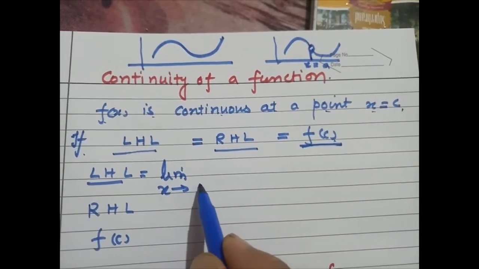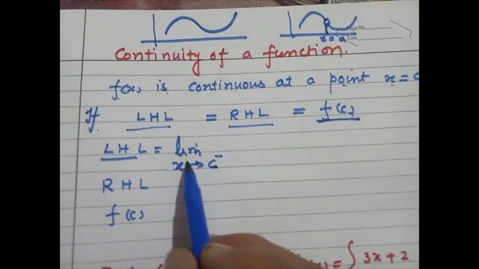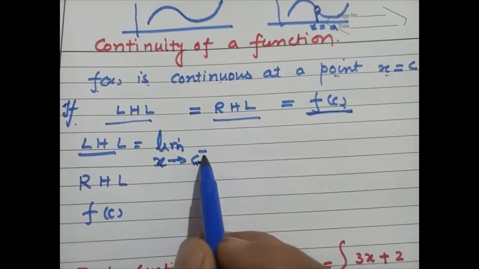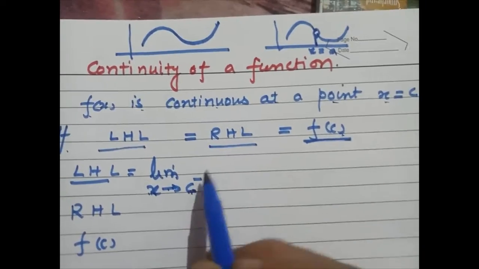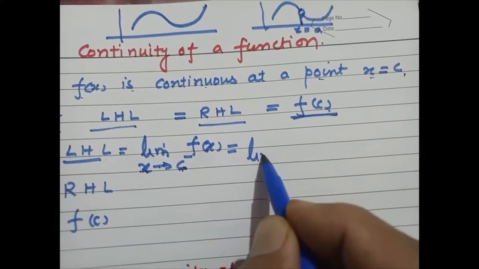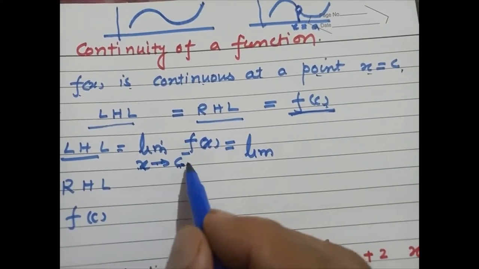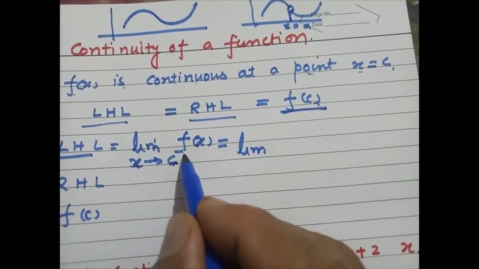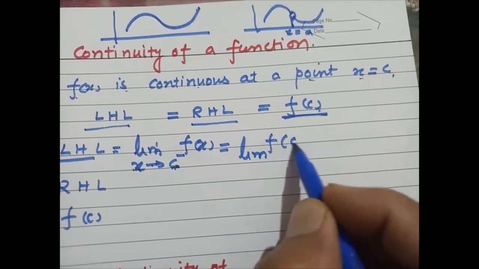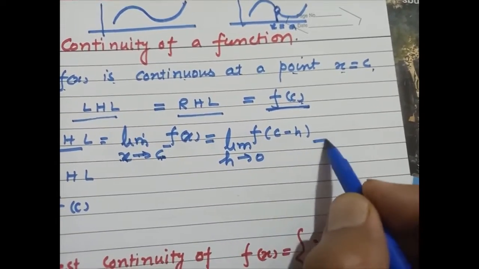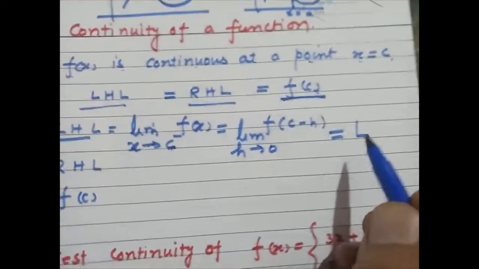The minus sign, x tends to c minus, means value is less than c. So the function we write. Now what we do? We take the value of x as c minus h. So f(c minus h), and limit always h tends to 0. So we get the answer of the limit here.